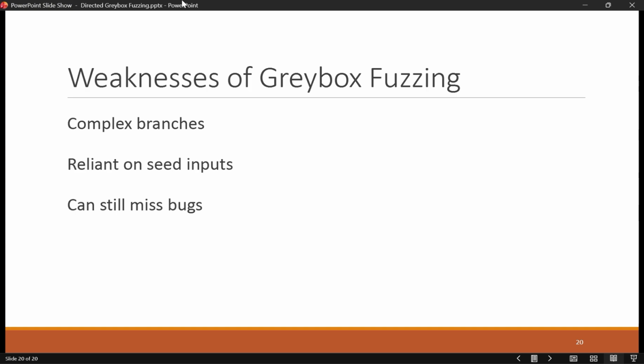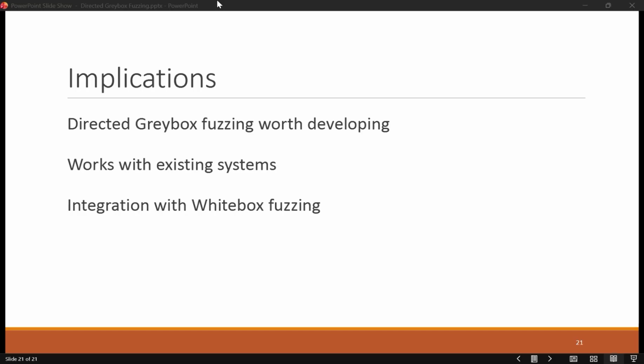And lastly, the fuzzer can still miss bugs, as demonstrated with its comparison with Catch.